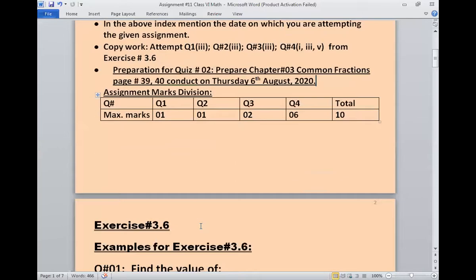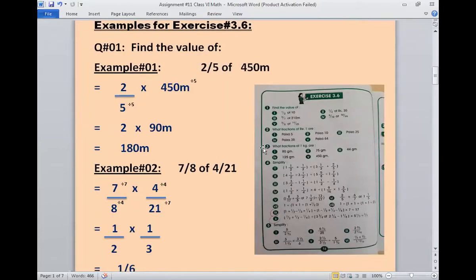Now look here. These are questions number 1, 2, and 3, and these are the questions that I have explained in lecture number 9. So if you want to review these questions, please go to lecture number 9. Okay, is that clear?